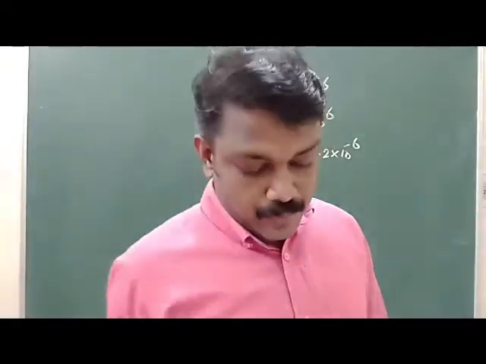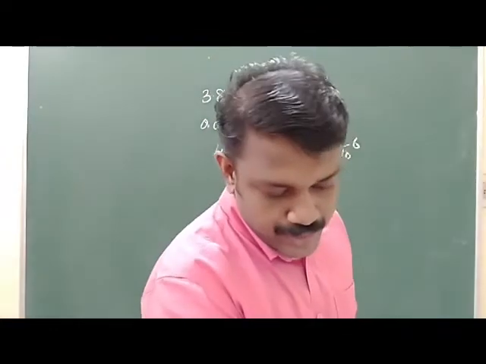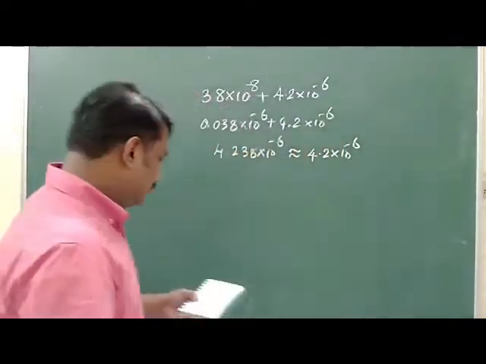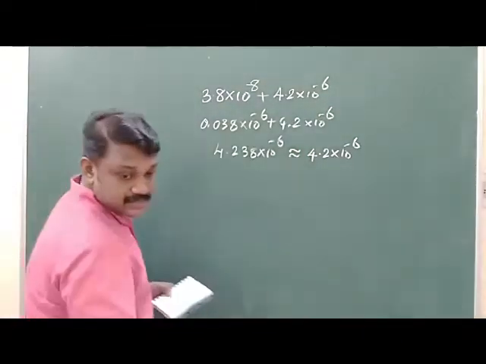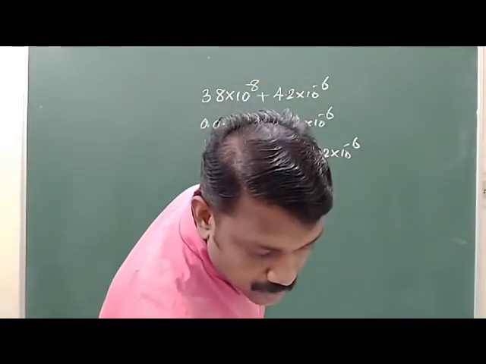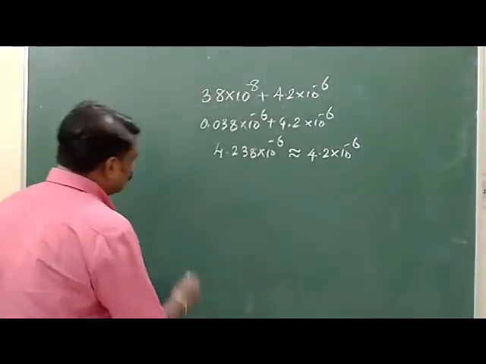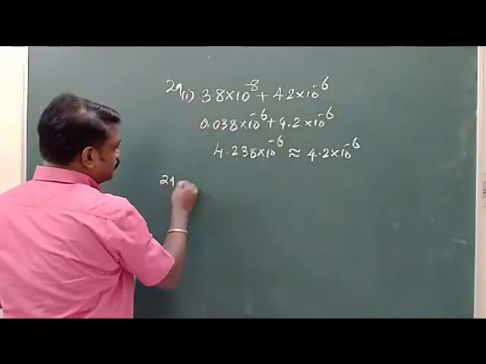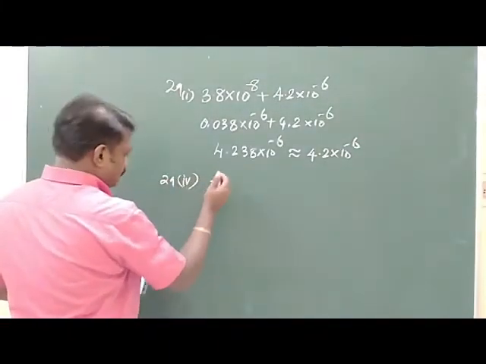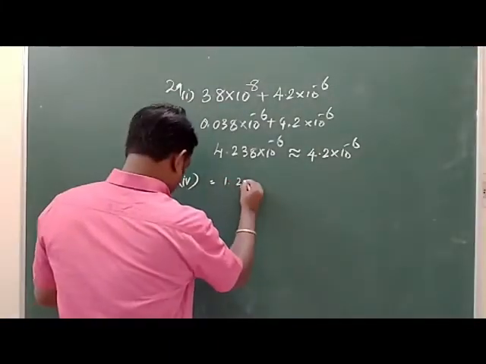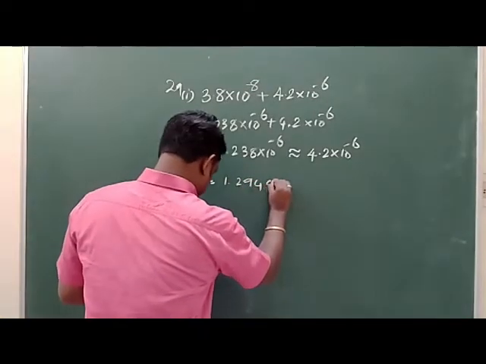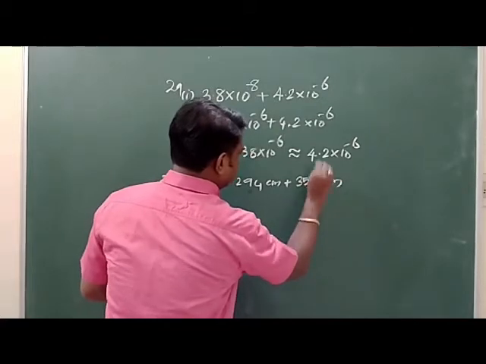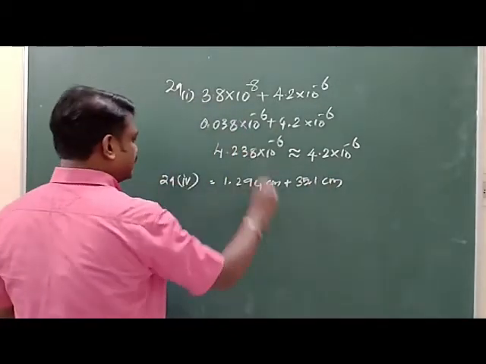One more thing: 1.294 centimeter plus 35.1 centimeter. That is question number 29, the fourth one. How many significant figures are there?